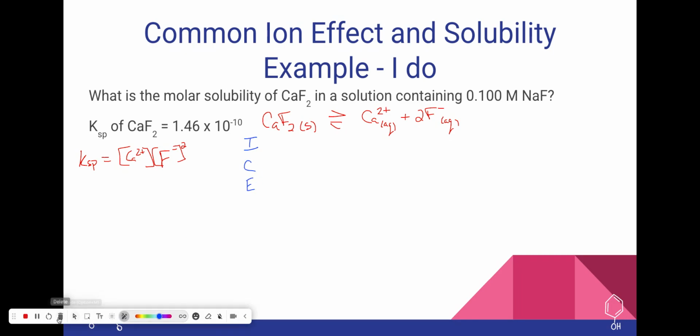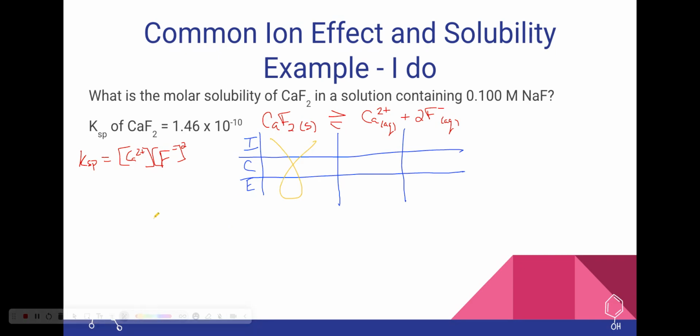Okay, and now that we have our ICE box written, folks, we know we're not going to need anything that's in that calcium fluoride section because it's, of course, a solid. Solids aren't represented in our equilibrium expression. And we know we're starting off with 0 calcium.